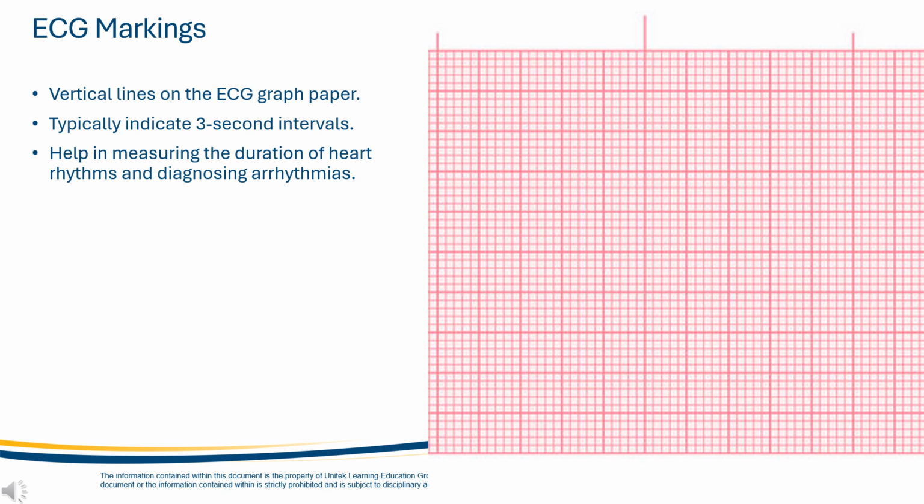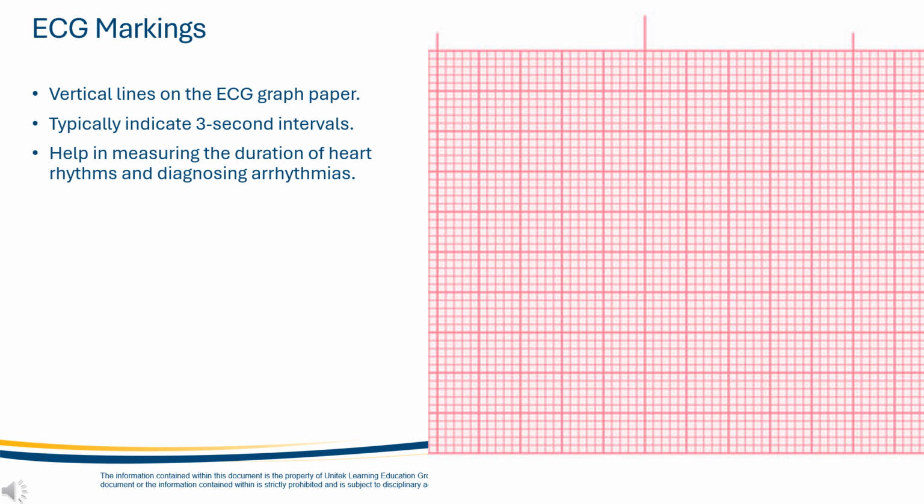Okay, so the primary function of ECG markings is to indicate specific time intervals, typically in 3-second increments. These intervals are essential for determining the duration of various segments and intervals within the ECG tracing. By providing a consistent time reference, these markings allow for the accurate assessment of heart rhythm, helping to identify irregularities and arrhythmias.